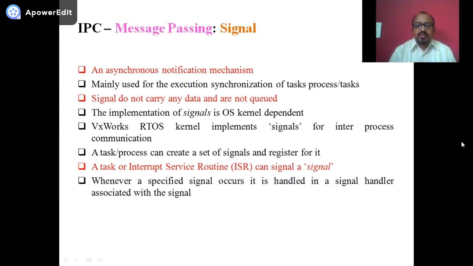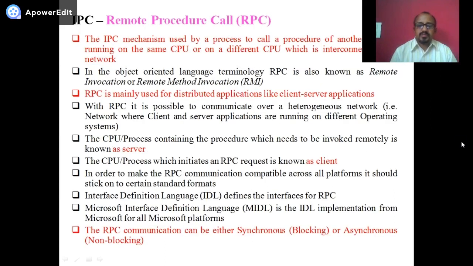That can be achieved by using the interrupt services as a signal, or other means are there to signal. Signals do not carry any data and are not queued. A signal is an instantaneous instance, and that is passed from one process to another process in the form of an interrupt service routine.